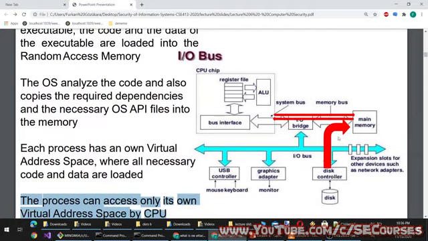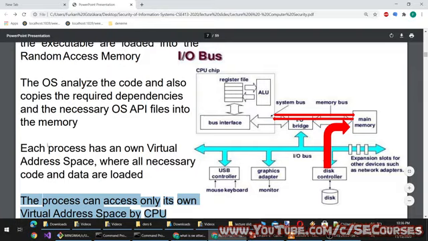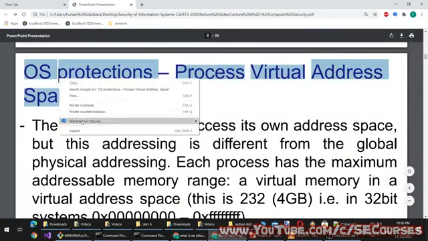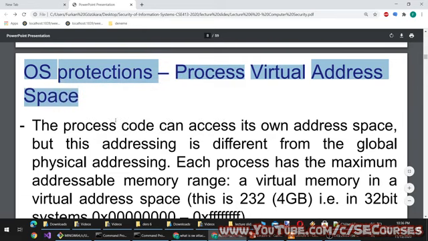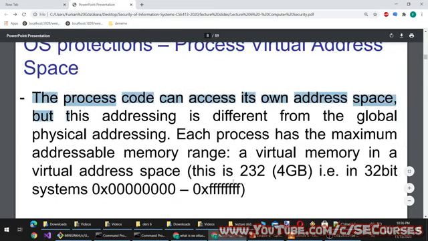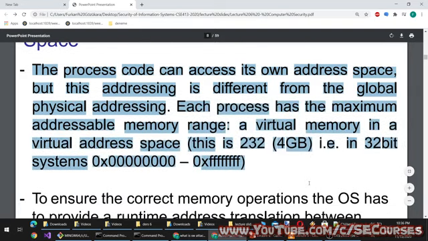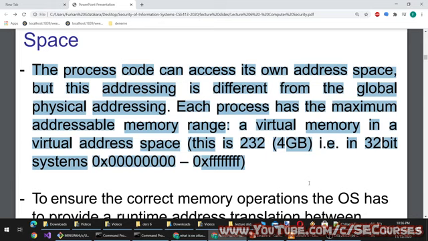Main memory, and a certain part of the memory is assigned to a certain process. OS protections, process virtual address space. The process code can access its own address space, but this addressing is different from the global physical addressing. Each process has the maximum addressable memory range, a virtual memory in a virtual address space.